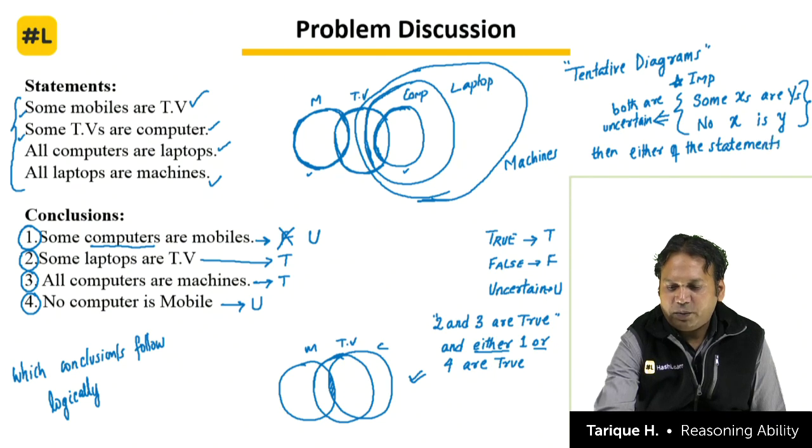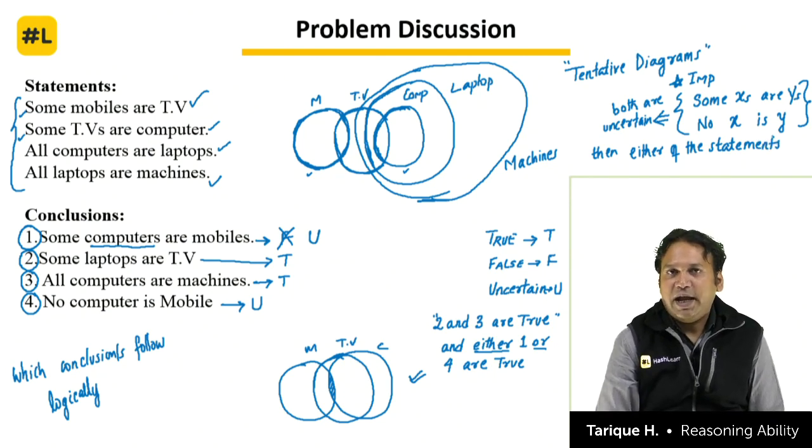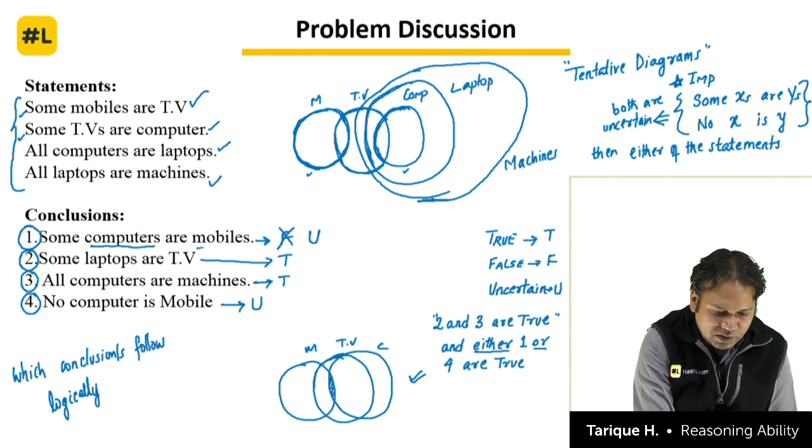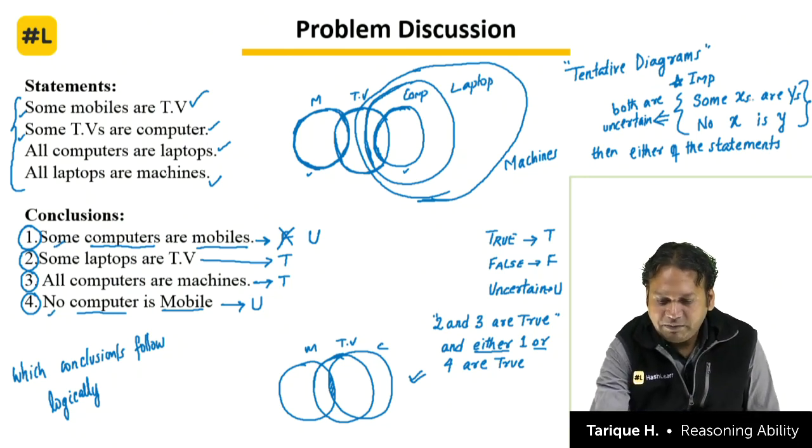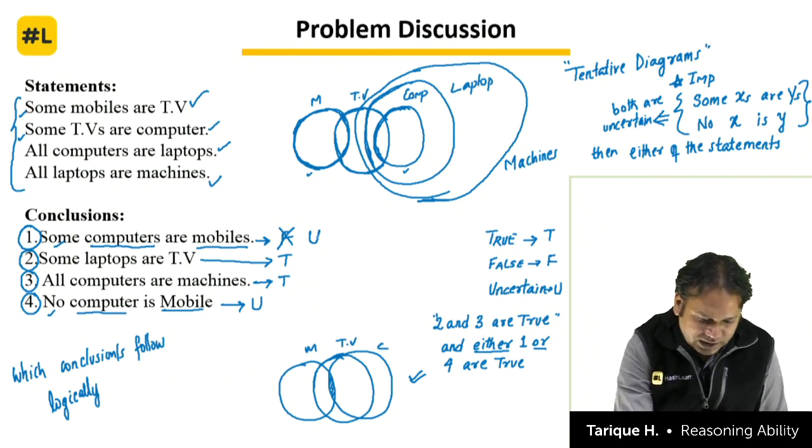Again, let's recapitulate. Whenever we are solving a question of logical reasoning and from the conclusions you get some x's are y's and no x is y, the combination should be there. Computers mobiles and computer mobile. One has some, one has no. So when we have some x's are y's, no x is y, and both are uncertain. Can you see that?